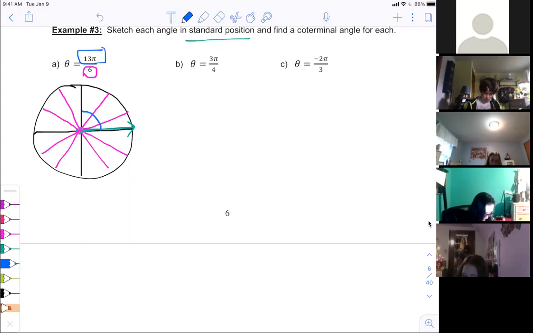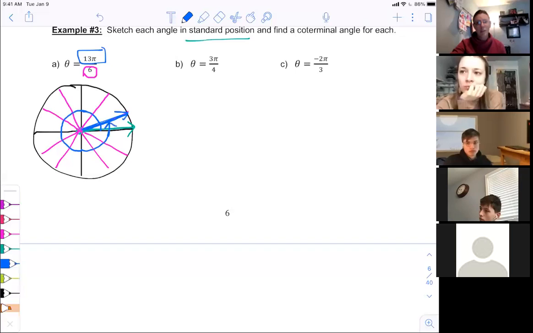So a quarter of the way around is 3 pieces, halfway is 6, 3/4 is 9, all the way around I have eaten 12 pieces of pie. But this one says we need 13 pieces. So we have to keep going around till you get to that 13th piece. That 13th piece is called your terminal side of the angle. So this angle is bigger than 360 degrees, or it's bigger than 2 pi.